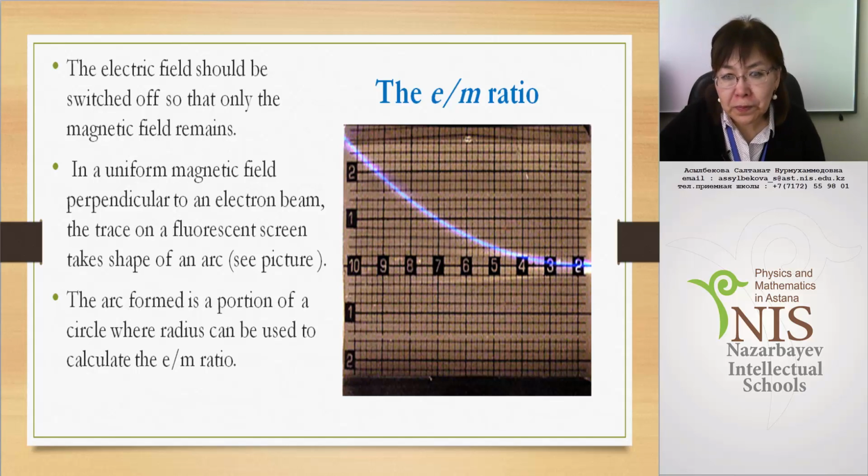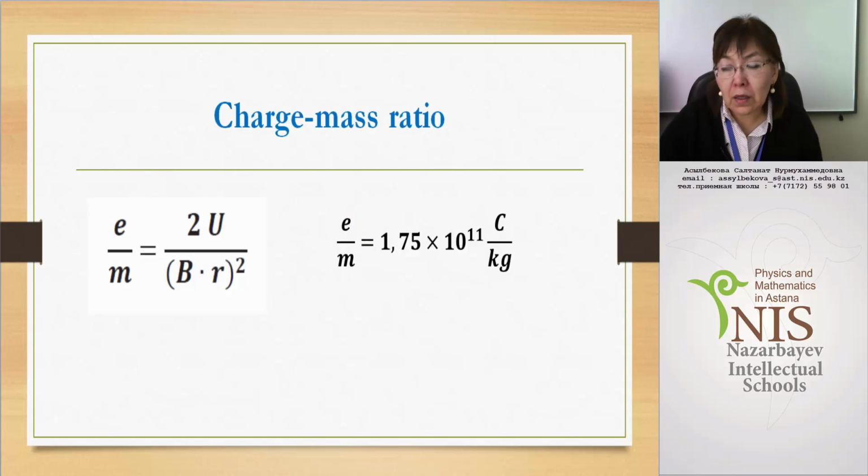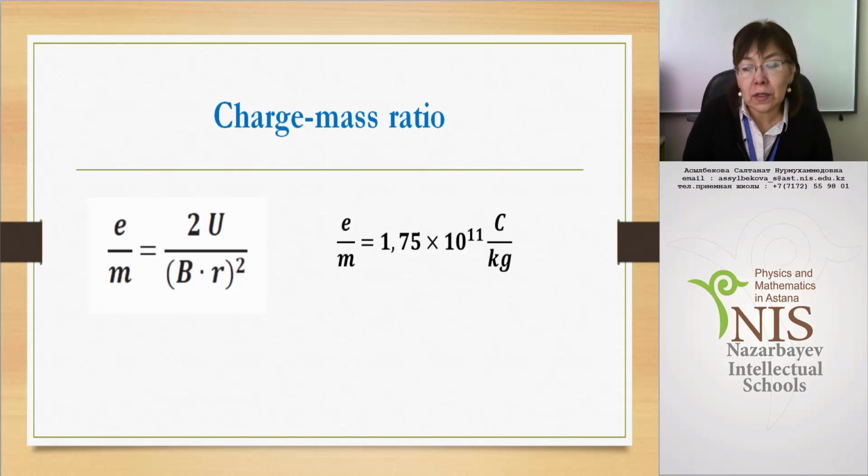And now, using this arc, which you see on the screen, we calculate the radius, and the radius can be used to find the ratio of charge to mass. In his experiment, Thomson got the next value.